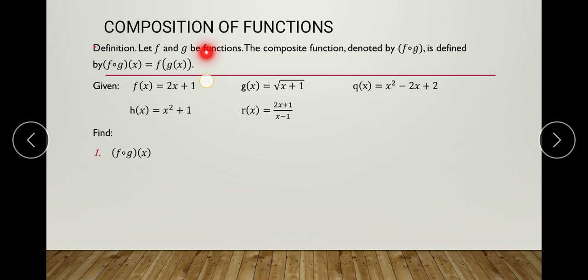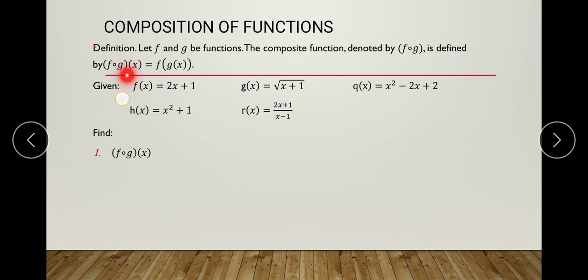Definition: let f and g be functions. The composite function denoted by f composite of g is defined by f composite of g of x, which is equal to f of g of x.